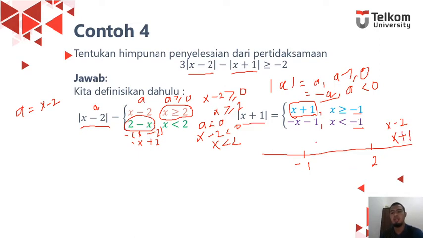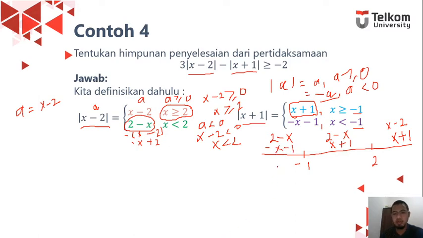In the middle one, because this is less than 2, we use 2 minus x. And for this one, since this is still on the right side of minus 1, we still use x plus 1. But on the left side, because this is all on the left, this one uses 2 minus x, and here we use minus x minus 1.